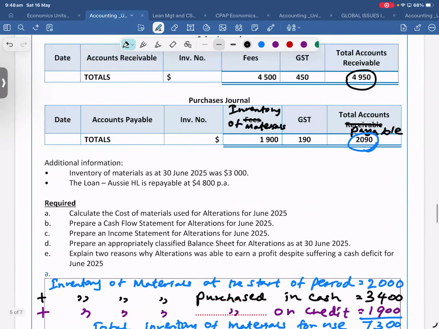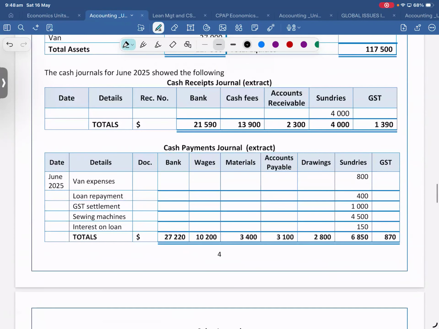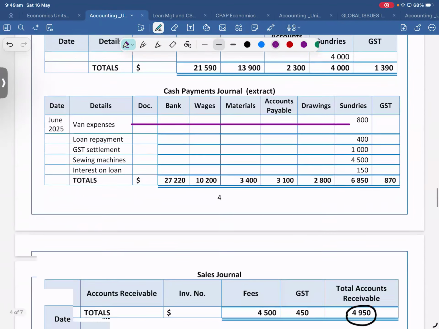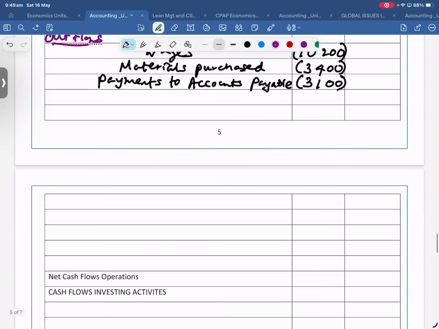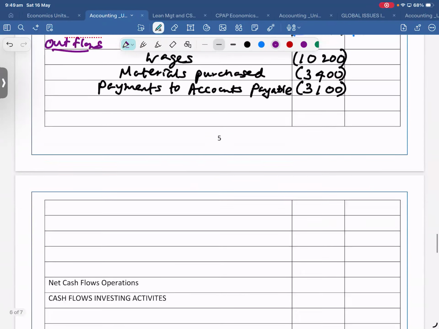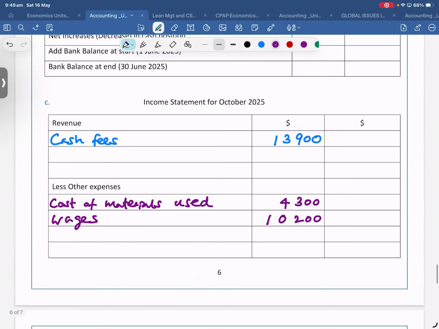Right, so we are done up to drawings. Next one, sundries, which is firstly van expenses. How much? 800. That's an expense. Very good. It's an outflow as well. Since you're using the VAT regularly, it's operating.